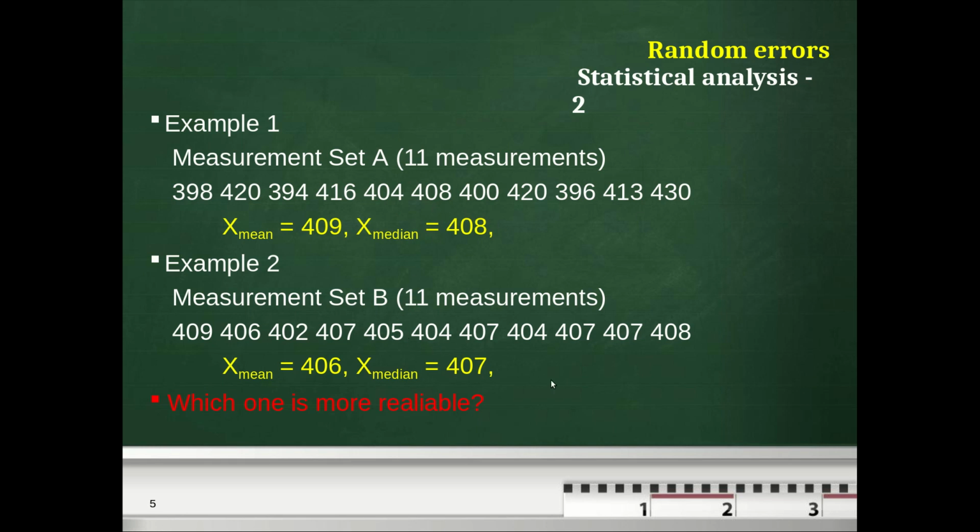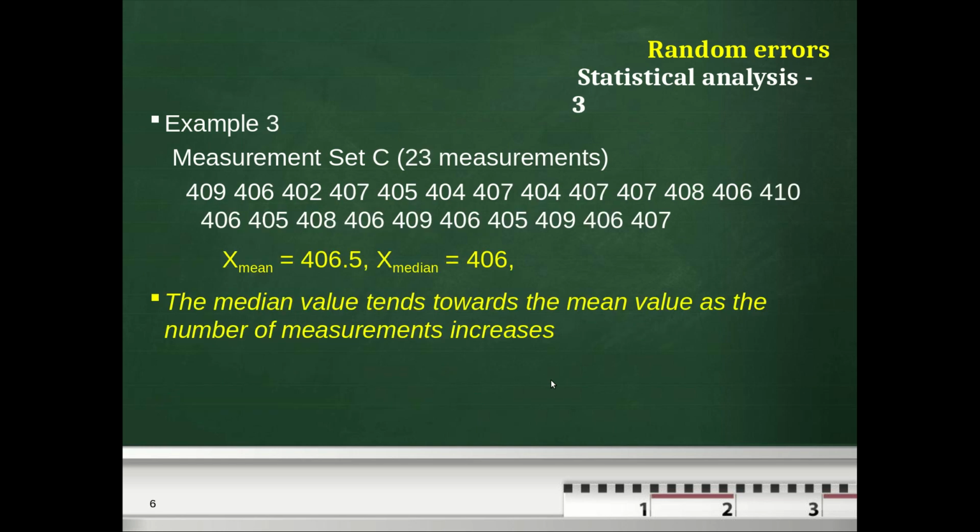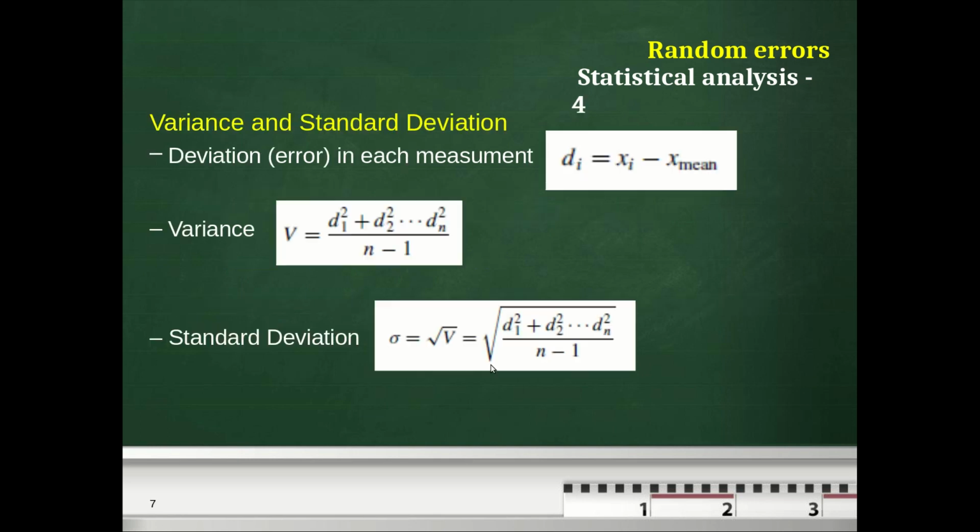And again for this example, as the number of measurements increases, the value of the median tends toward the value of the mean, so they are close to each other.